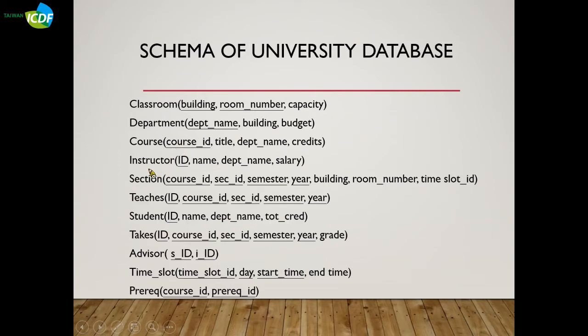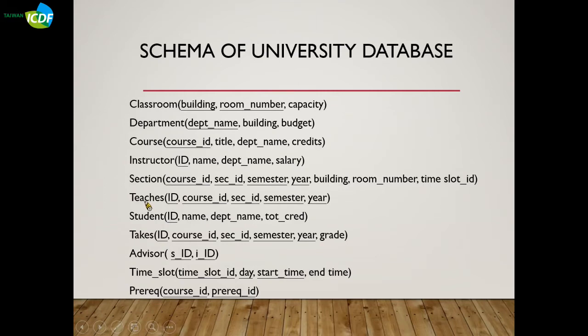And the instructors include ID, name, department names, and salaries. Instructor ID is the primary key. Sessions consist of these attributes, and the primary key is composed of course ID, session ID, semester, and the year.